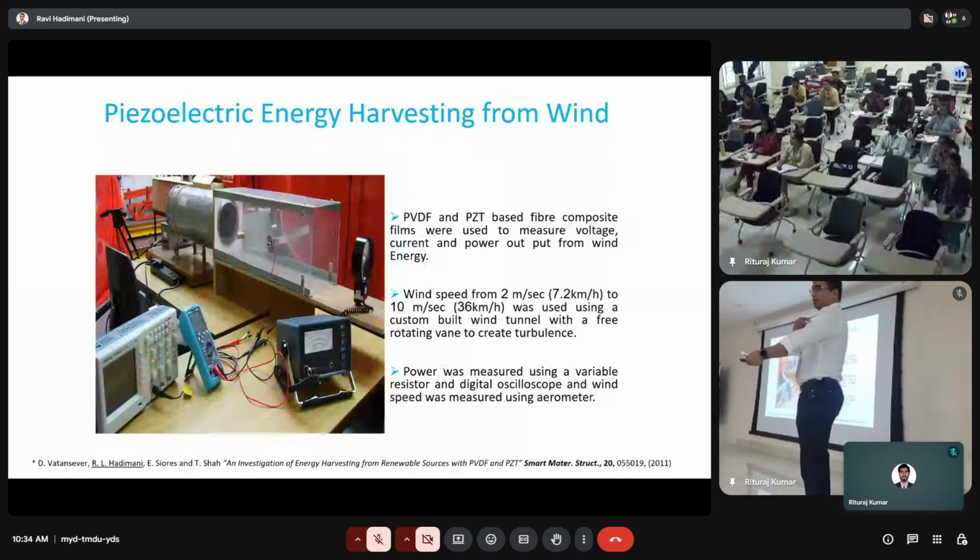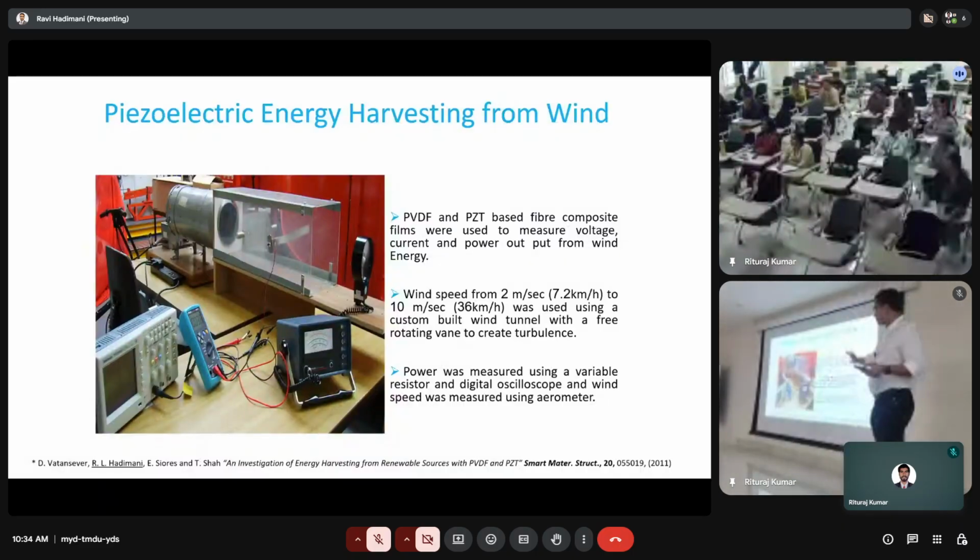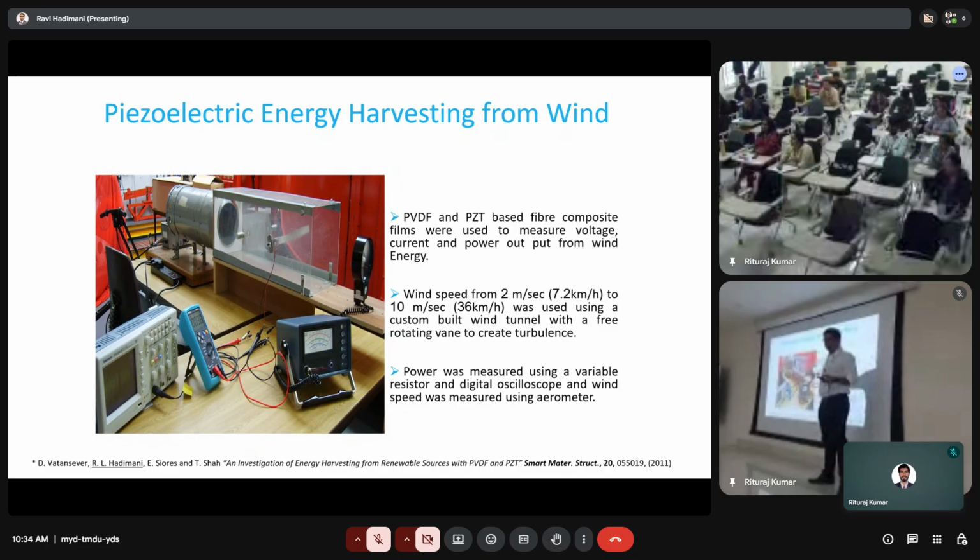That means you can wear a t-shirt which generates electricity and charges your phone, or you can make a tent, flag, sail, whatnot. Very ambitious.